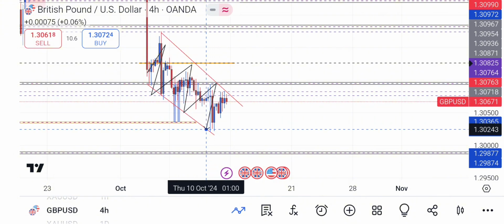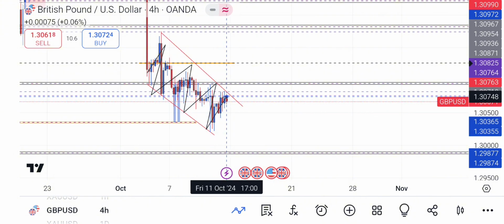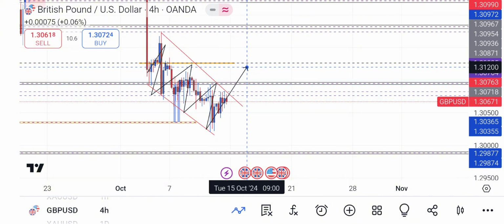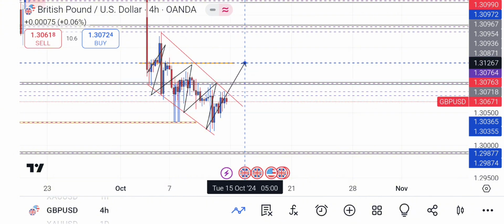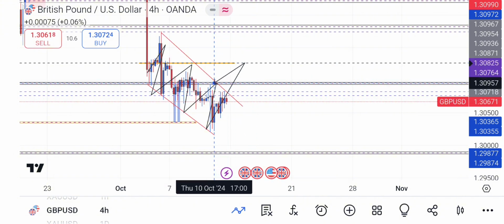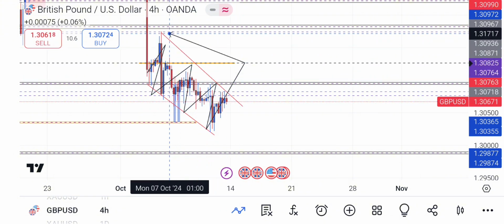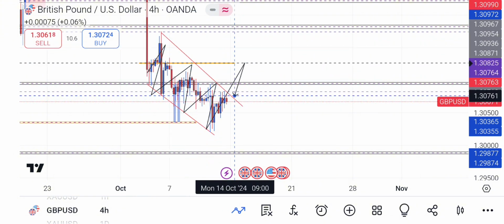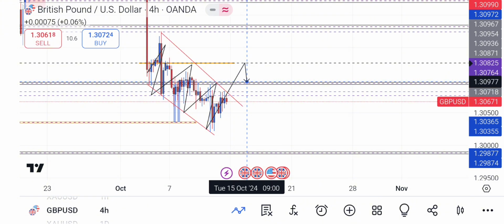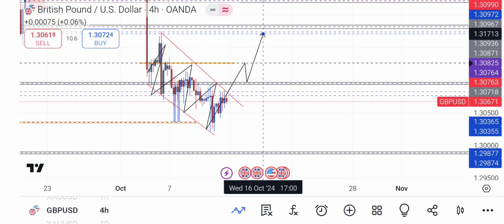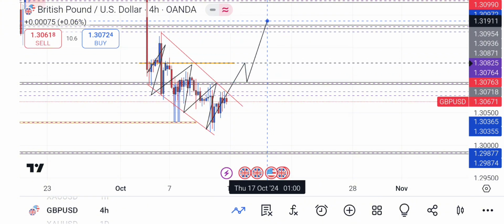That is consolidating below, is likely to do this break above. It's likely to break above. That's why I'm supporting this upward movement. It's likely to break above, then retest, either retest back on this line that I'm doing here, retest here or here, then start its uptrend.